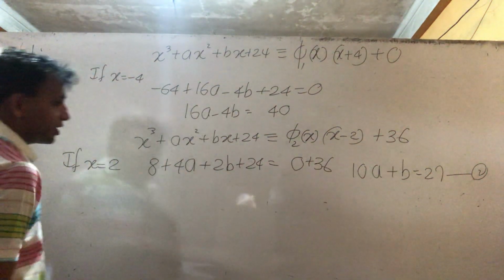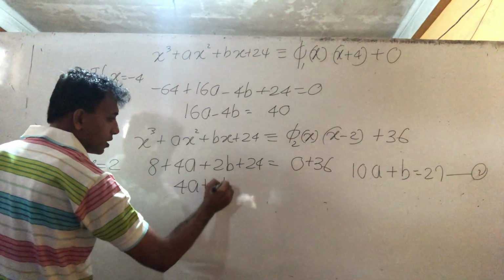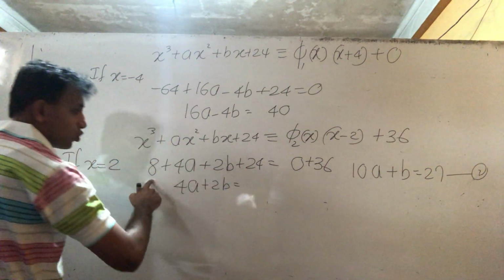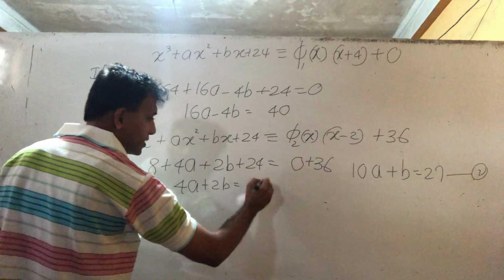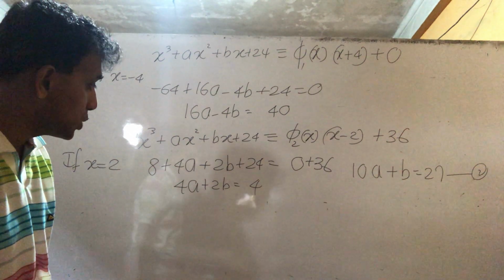So get the second equation, 4a plus 2b equals 32. 36 minus 32, 4.